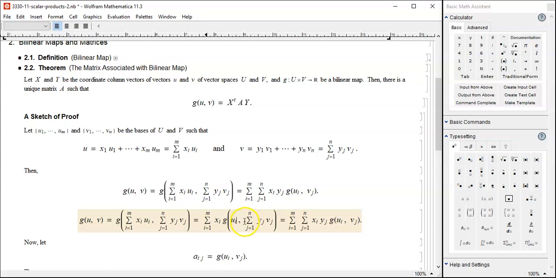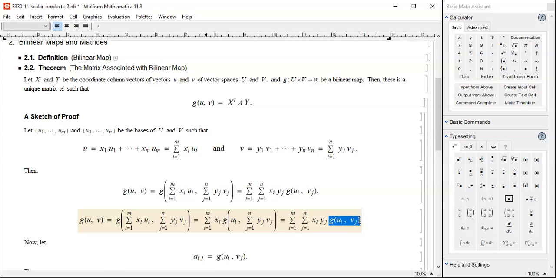Now we can do the same thing to the second vector, because we have linearity in the second vector as well. So we just take this sigma out again. Then that's what we get over here: xi times yj times g of ui comma vj.